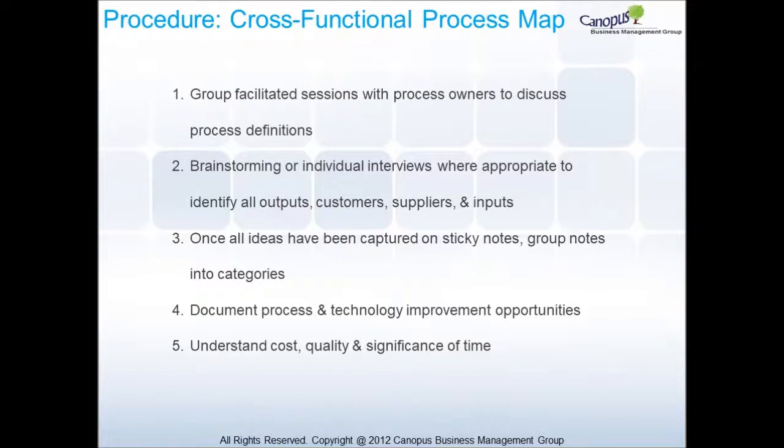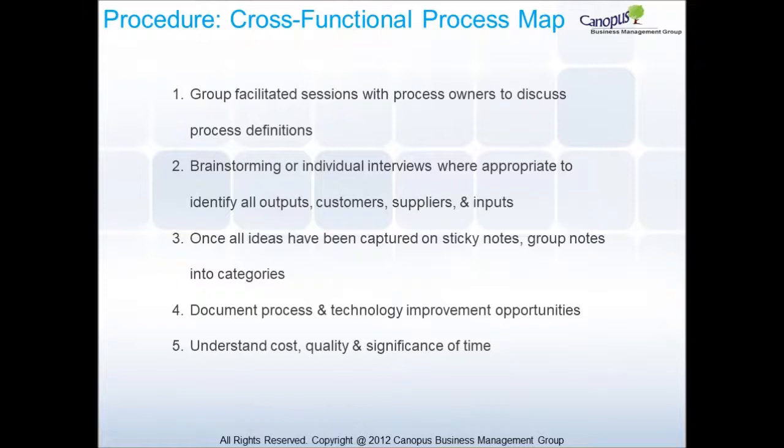Now, once all ideas have been captured on sticky notes, group the notes into categories. Then, document process and technology opportunities for improvement. Finally, understand and make a note of cost, quality, and significance of time.